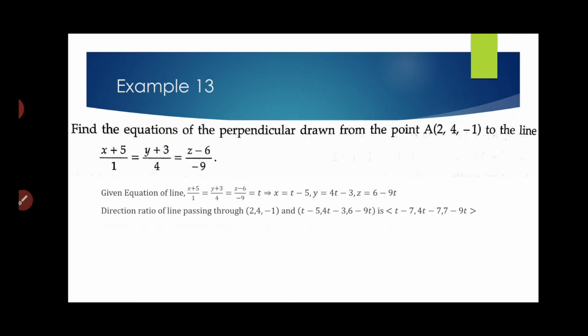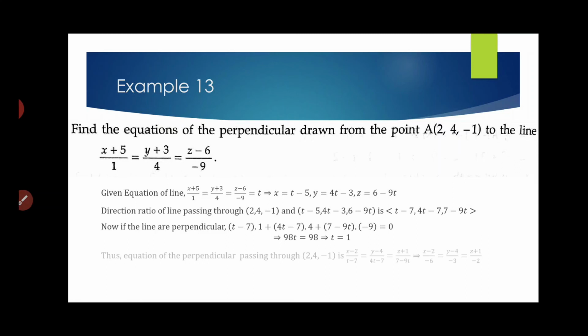Then this direction ratio and the direction ratio of the straight line, the dot product must be 0. So let us find the dot product and then equate it with 0. After calculation, it becomes t equals 1. So after putting this t back into the equation, I can find the direction ratio of the perpendicular line.